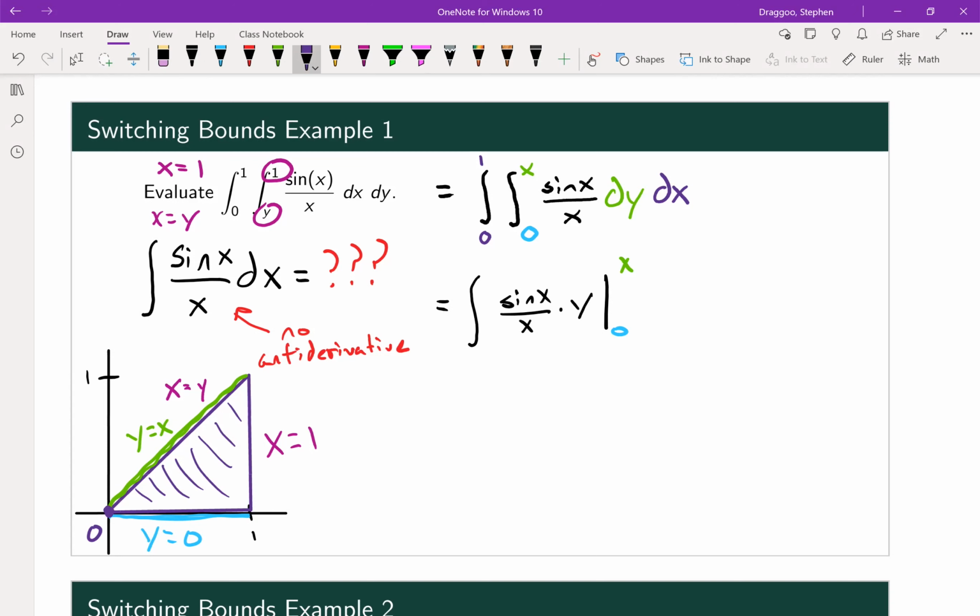And then we still have to do the x part after that, with a dx and keep those bounds there. Okay, so if we plug in 0 and x for y, we'll multiply by x, then multiply by 0, so only one of those terms makes it through. And sine x over x times x will be just sine x.